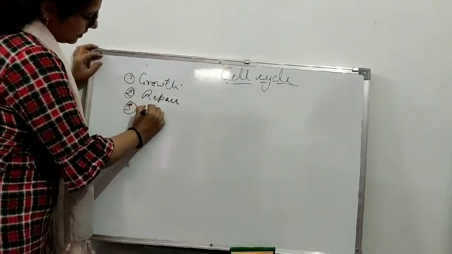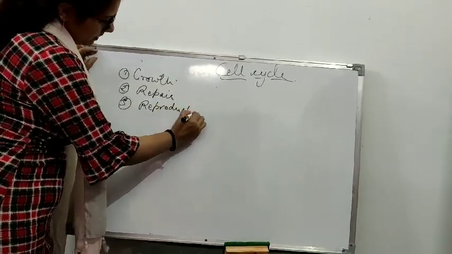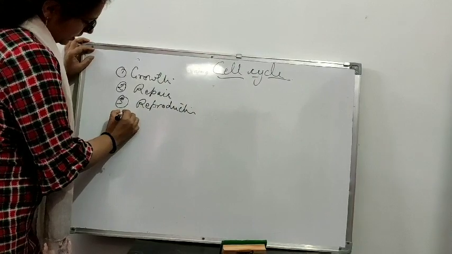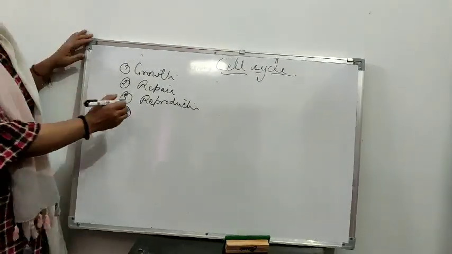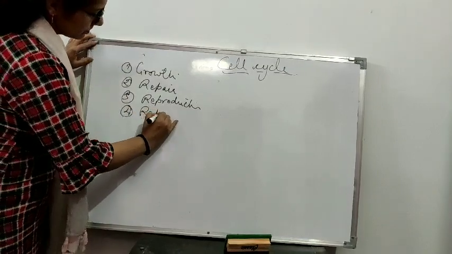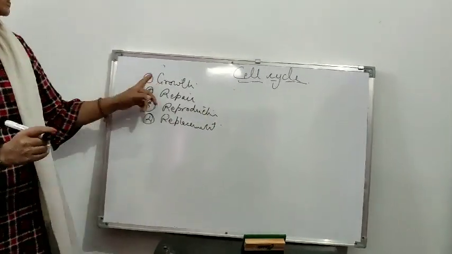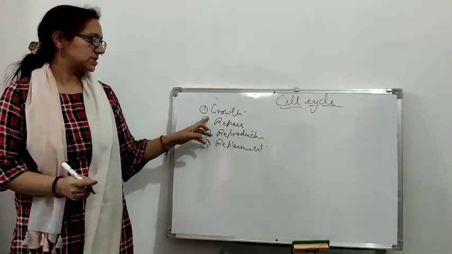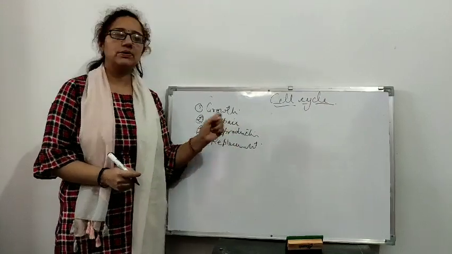Third one is reproduction. And fourth one is replacement. Right. So these are the four things for which cell division is needed: growth, repair, reproduction and replacement.